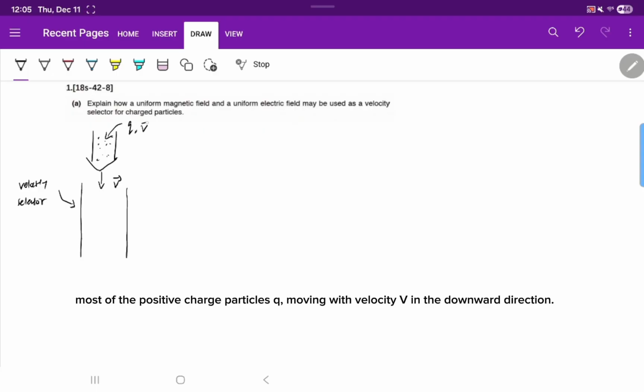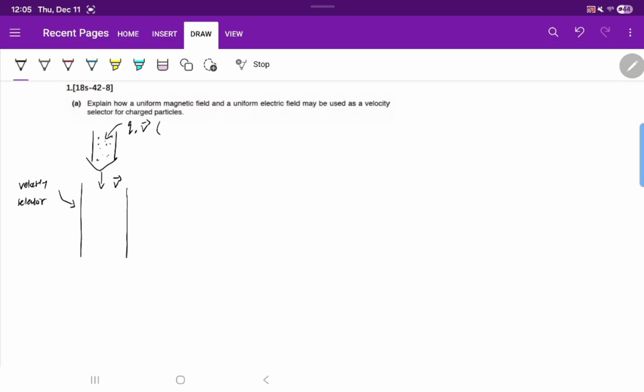You know that not all of them will have a speed of v. Some may have speeds of v2, v3, and so on, slightly less than or larger than the specific speed that we want.